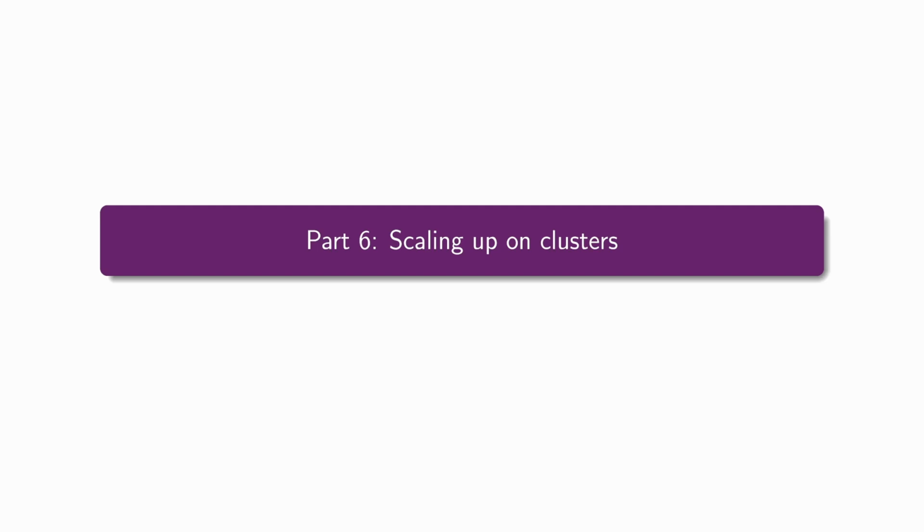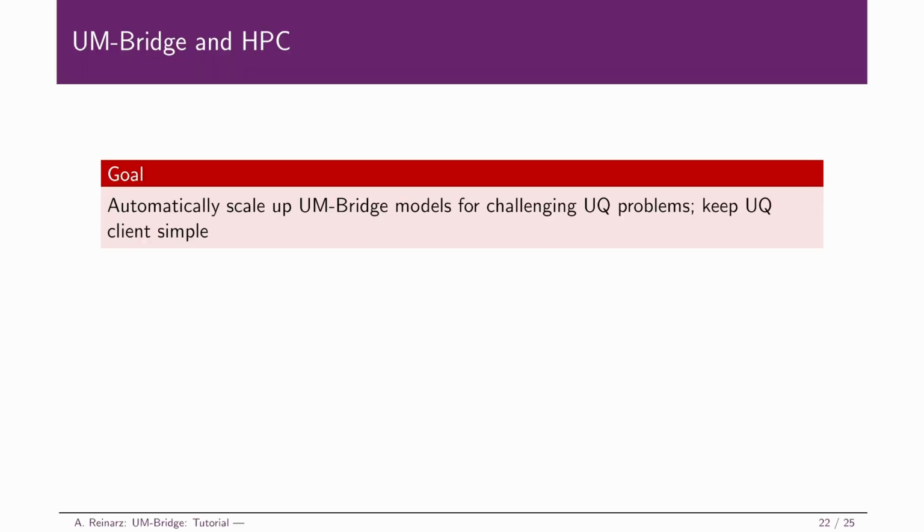Okay, so the last part that we want to talk about is also quite exciting, I think, and that's how do we actually scale this up. So our goal is to make this as automatic as possible. So from our perspective, what we want to provide is something which is as user-friendly as possible. We want you to be able to use your UM-Bridge models for challenging problems, which often means that you need large amounts of compute resources.